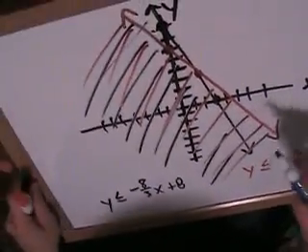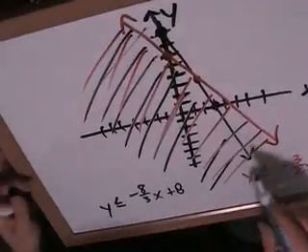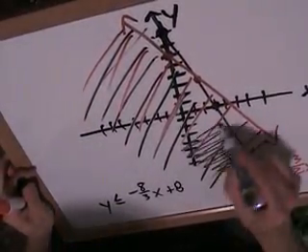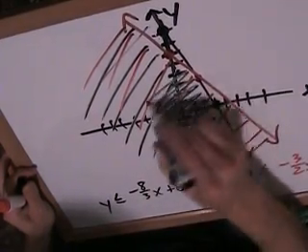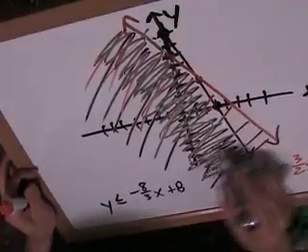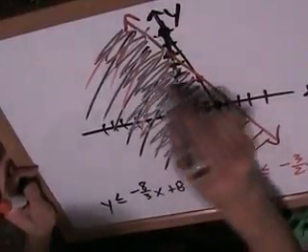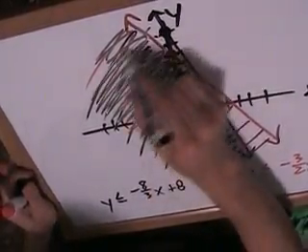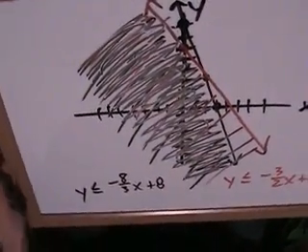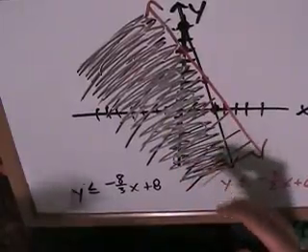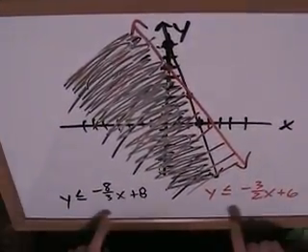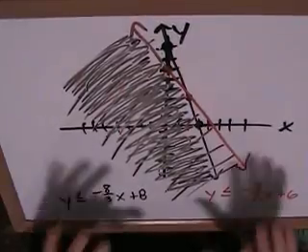The part that has both colors is the answer, meaning all of this. I recolor it to emphasize that this is the answer, the part that has both types of shading. If you see this on your test, I really would use two colors so that you see that the part that has both colors is the final answer. Okay, so they asked us to solve, so we graphed, and this is the answer.